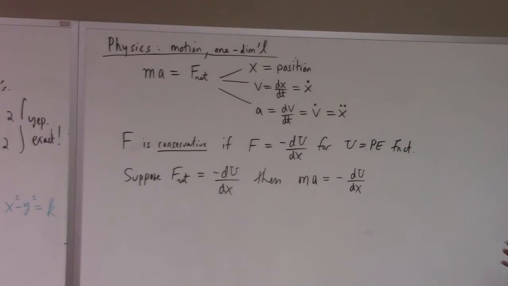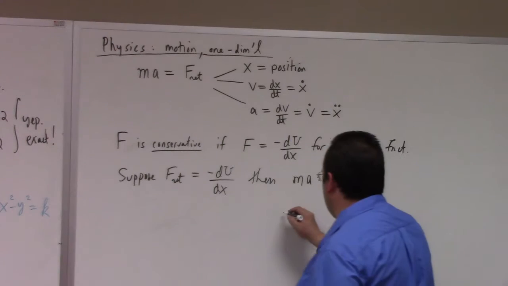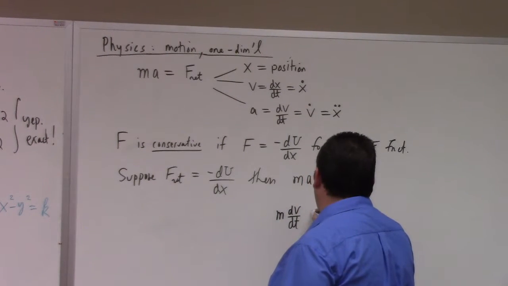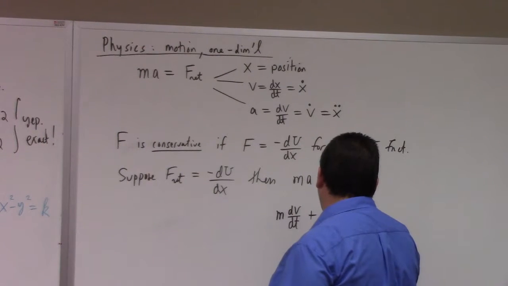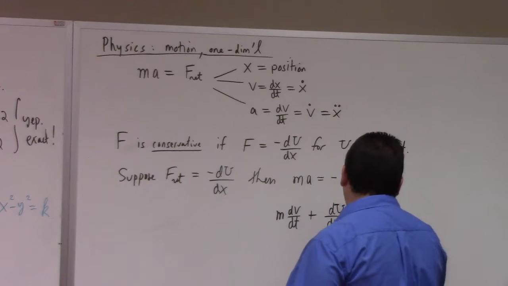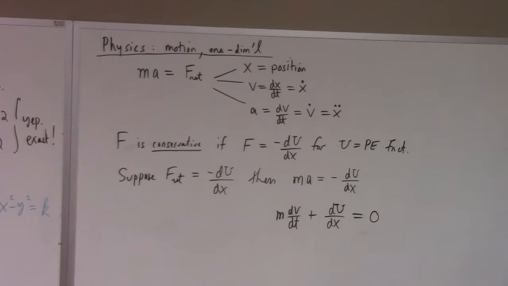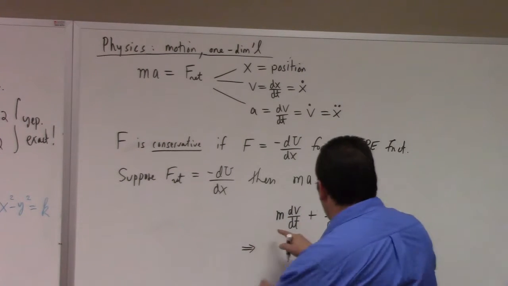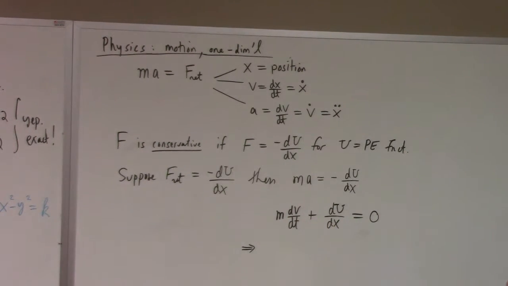But it's a good exercise to rewrite this as, say, m dv dt plus du dx equal to 0. And here's a trick that's a well-known trick from physics: you take Newton's equation and you multiply by velocity, all right?